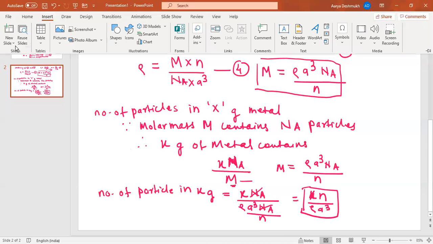Now the next, if I insert one more slide here, the next you can write number of unit cells in x gram of metal. We first found out the particles in x grams. Now we are supposed to find out number of unit cell in x gram of metal.